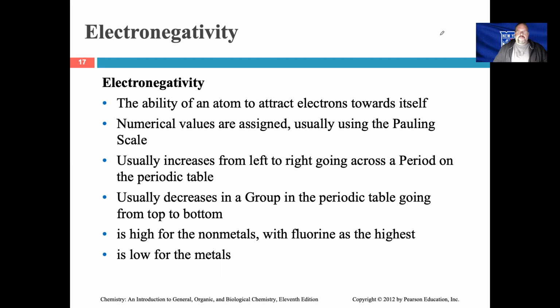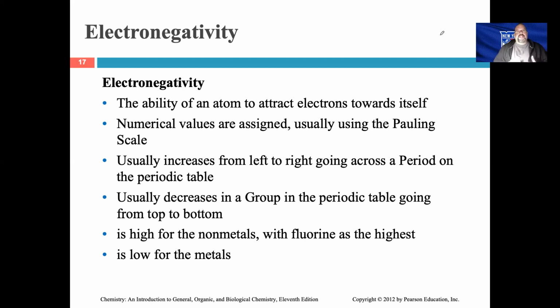Now, it turns out that the way the elements are positioned in the periodic table, their closeness to each other, does reflect some ideas about electronegativity. Essentially, when you have properties of elements that can be described by positioning in the periodic table, either elements in the same period or elements in the same group, you have what are known as periodic trends.